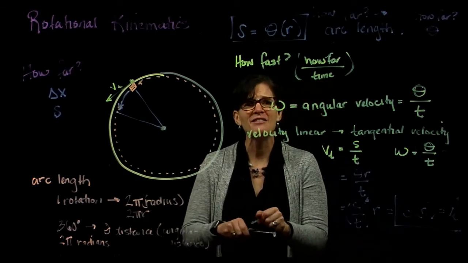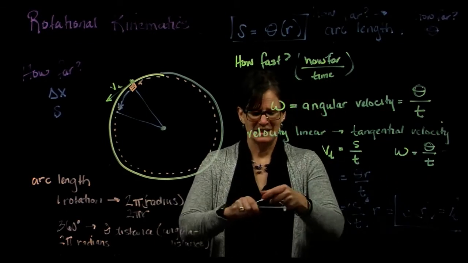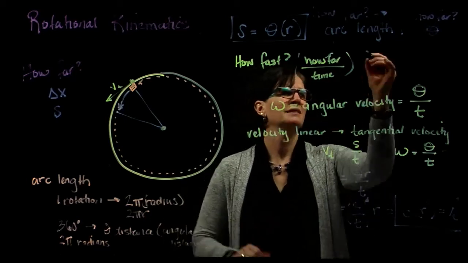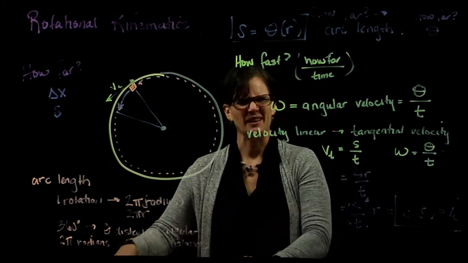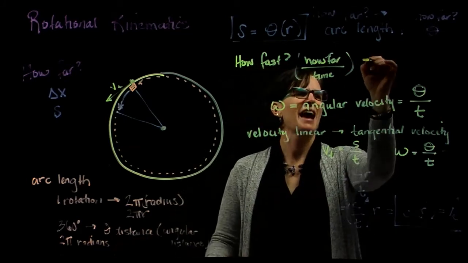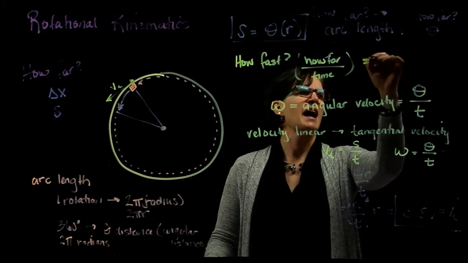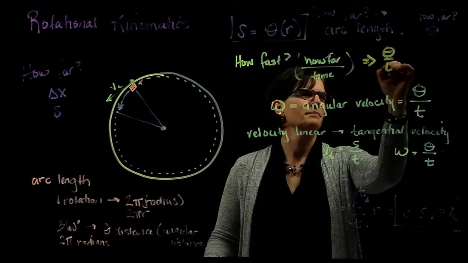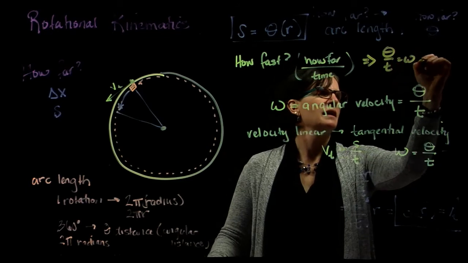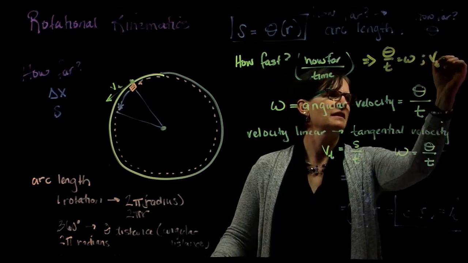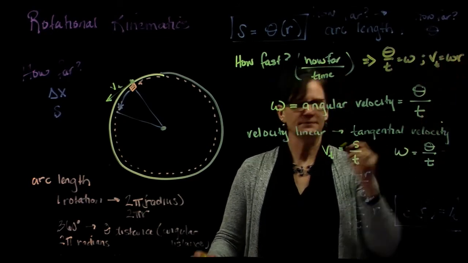All right, so we have our how fast, and we have our how far. So I'm going to put those up here so I can make a little more room to talk about that last piece. So how fast is omega per time? That equals W. And V tangential equals WR.